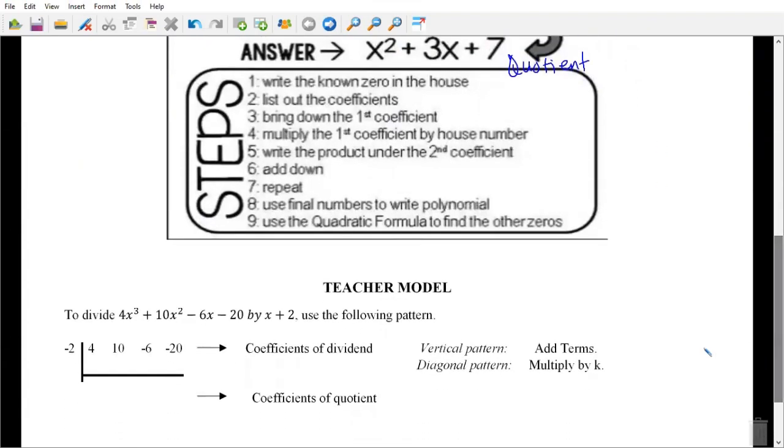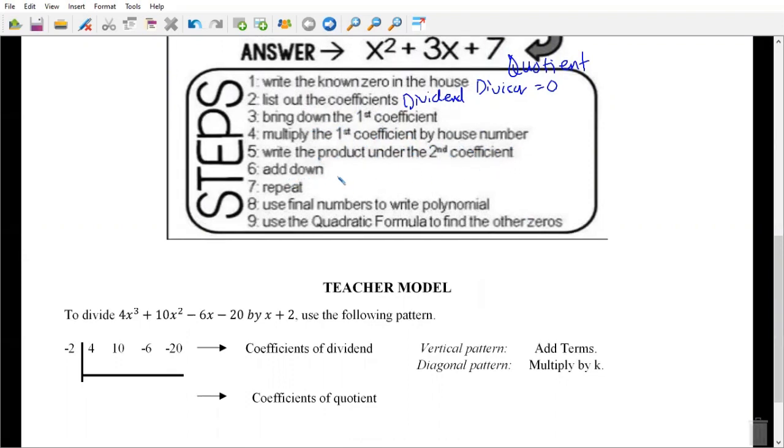So the steps that we follow: we write the known 0 in the house, and that's where we set our divisor equal to 0. We list out the coefficients of our dividend. And then we bring down the first coefficient. We multiply the first coefficient by the house number. And then we write the product under the second coefficient.